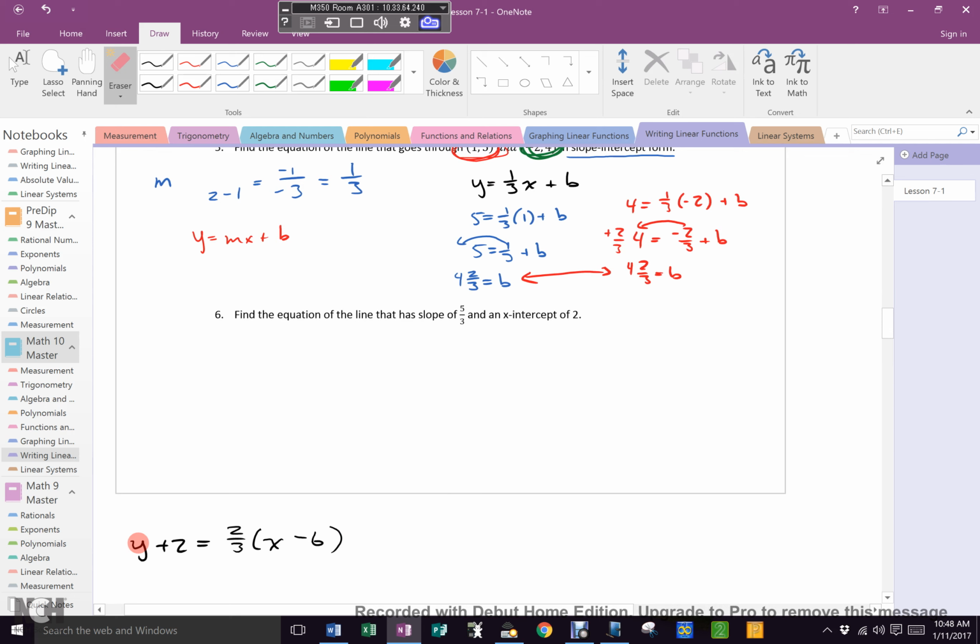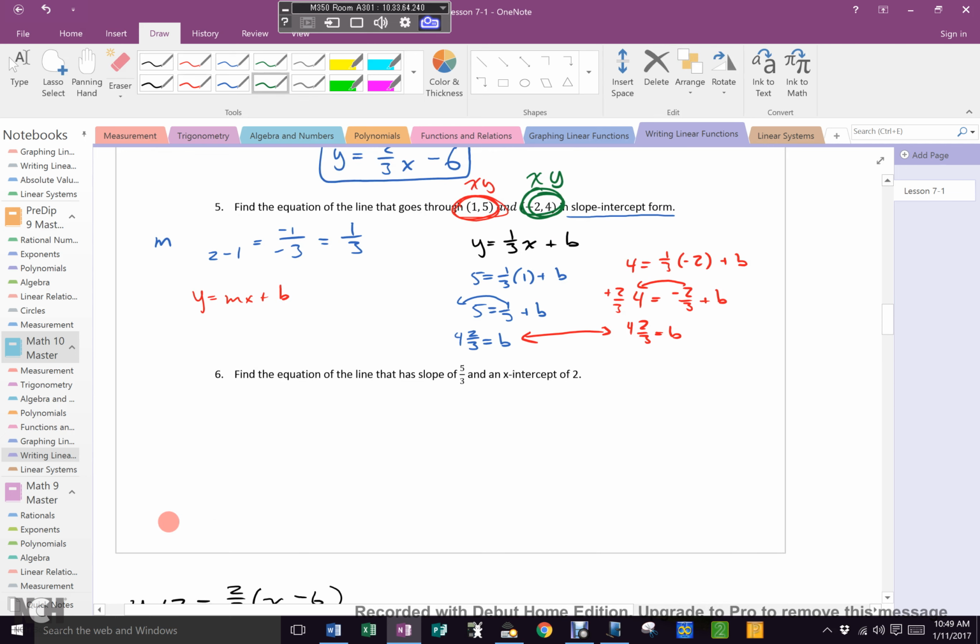Now look at number 6 and tell me what form you want to use. And then I'll tell you why you're wrong. What form are we going to use for 6? Slope form?